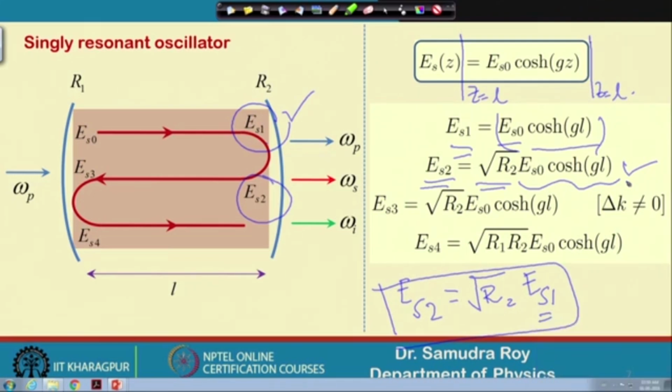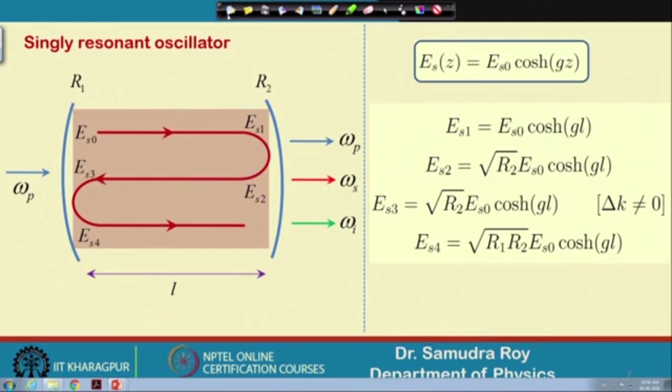The next thing is, if the field goes from this to this, what should be the value? So the next is to find Es3. Now this is quite interesting, because normally our tendency is that if I want to find Es3, I just put another value, multiplied by this at z equal to L, and that will give Es3, but that is not the case.